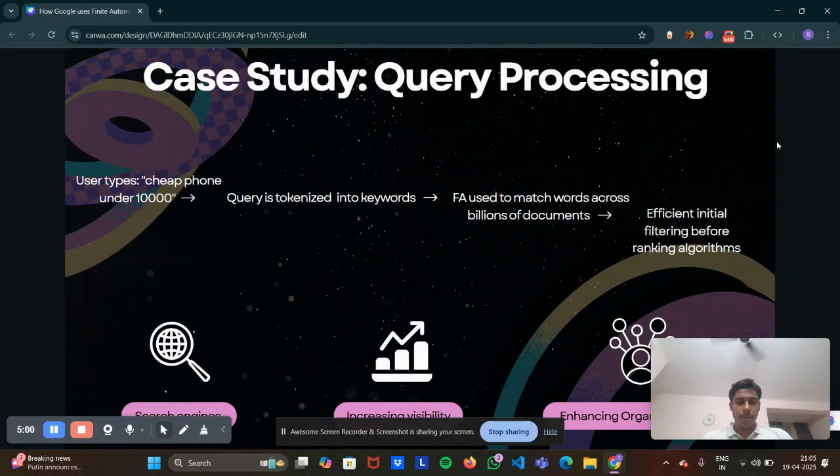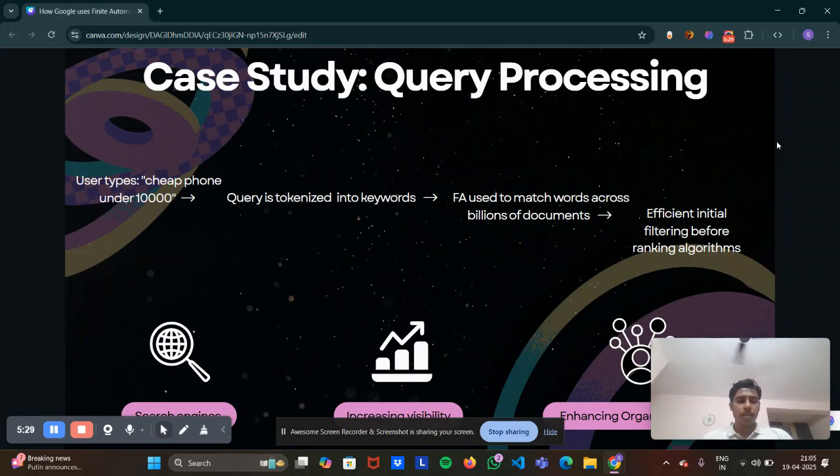These tokens are matched against billions of entries in Google's index using finite automata based filters. This allows Google to quickly eliminate irrelevant results and shortlist the pages containing the matching terms. This happens in milliseconds. The finite automata here works like a sieve, passing through only those documents that satisfy the regular pattern rules.